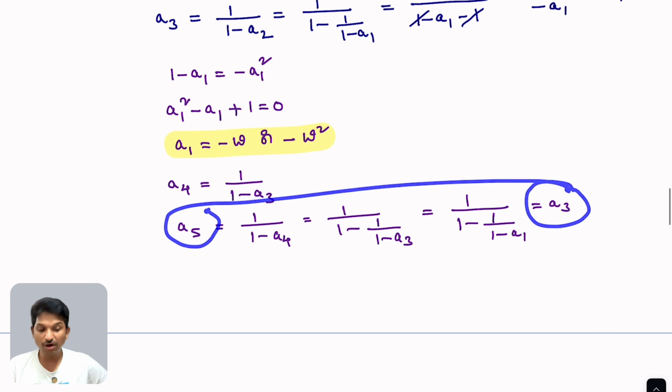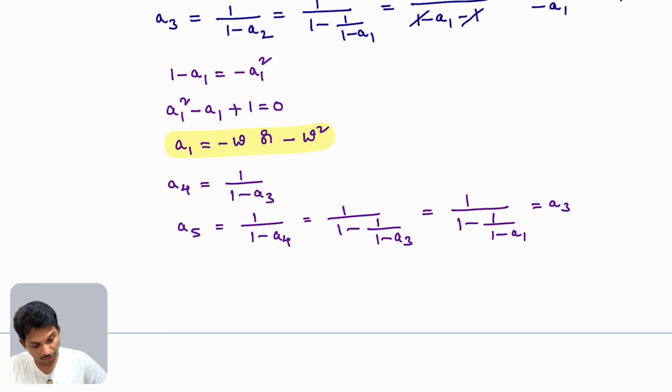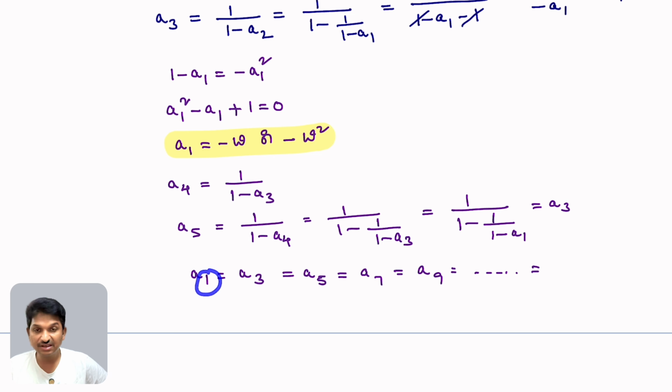Similarly, if you observe the pattern, a1 equals a3, a3 equals a5, a5 equals a7, a7 equals a9. It follows like this for odd numbers. That means a2025 is also the same as a1.